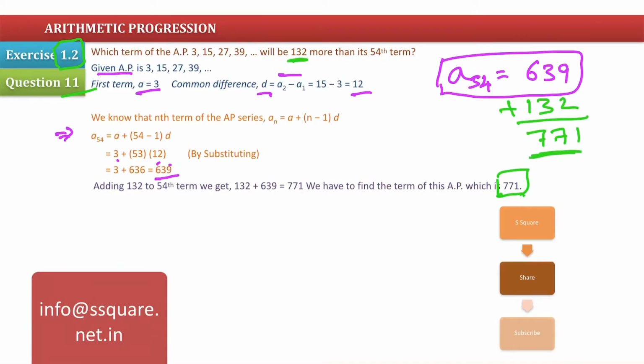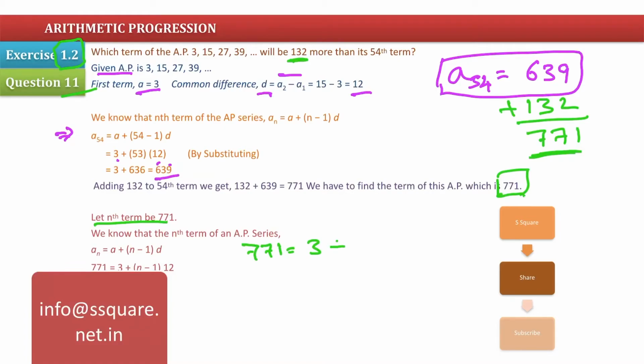Let's take the same formula. The nth term will be 771. We know that the nth term of the AP series is an equals a plus n minus 1 into d. By substituting, 771 equals 3 plus n minus 1 into 12.